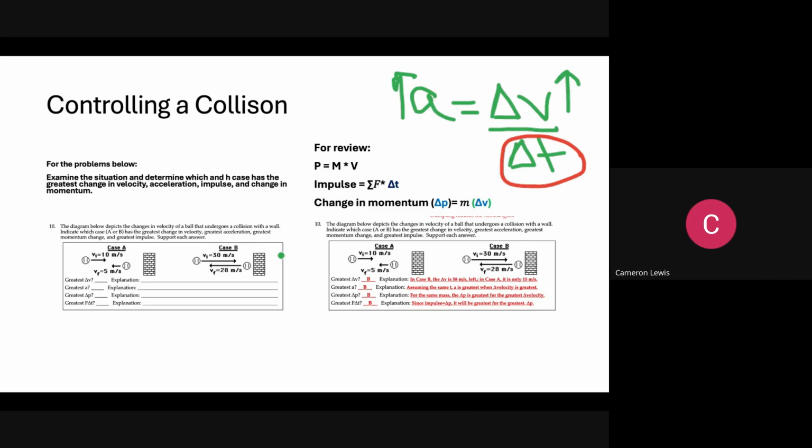Because time is not changing, since both of the cases are happening for the same amount of time. Therefore, the object with the greatest change of velocity will also have the greatest acceleration. Okay, I get that part.